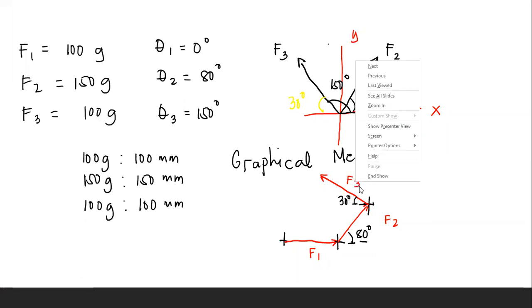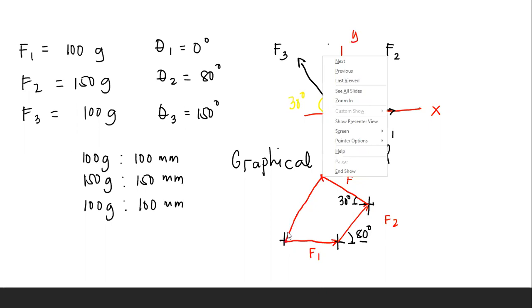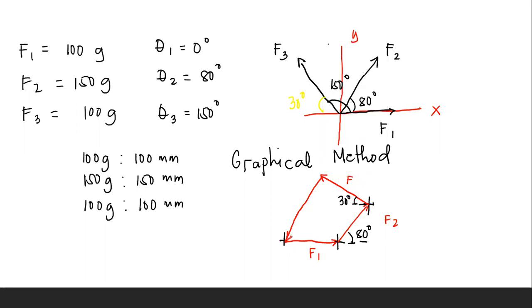F3. From the head of your F3, connect it to the tail of your F1. Then measure your resultant. That would be your R.